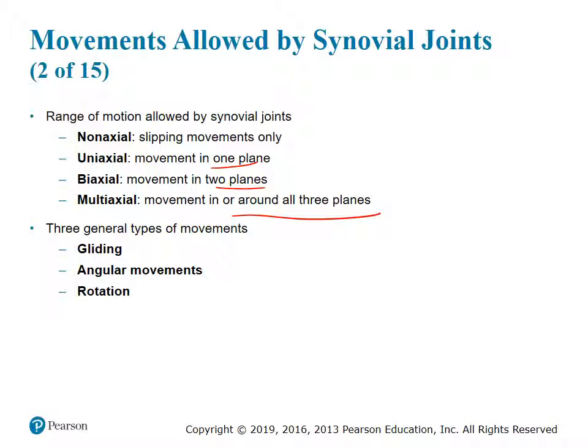So we use non-axial to describe that we're just slipping or gliding over bone. We're not rotating or doing any of the other movements or moving in a plane per se. Uniaxial, biaxial, and multiaxial. Uni means one, so that means in one plane. Biaxial means in 2 planes, and multiaxial means in all 3 planes.